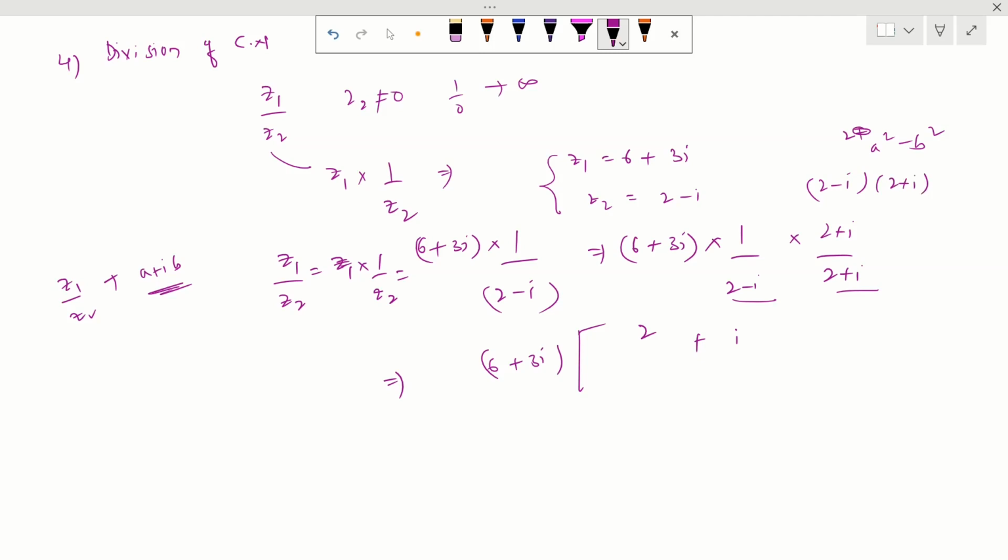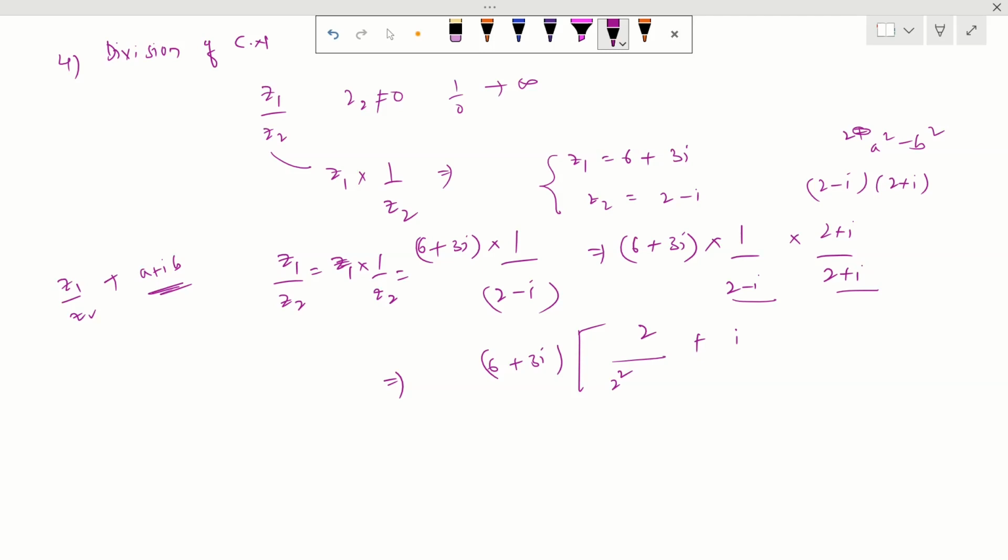It is in the form a minus b into a plus b, which is a square minus b square.